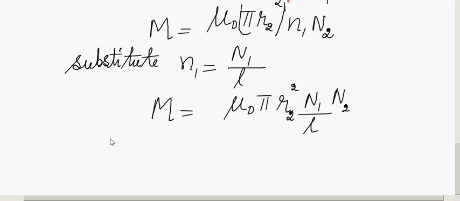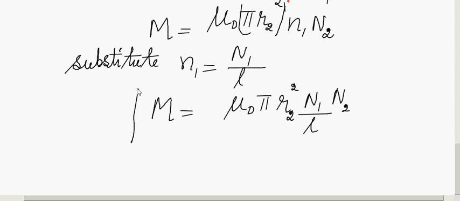So this is the value for M. M is mu naught pi R2 square into N1 N2 by L. Or you can write in terms of area also.